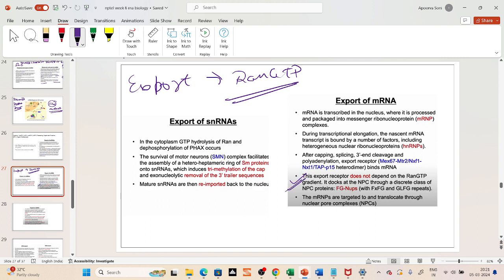It depends on another class of proteins known as FG-NUPS. This is important. For tRNA and spliceosomal RNA, the export was happening in a Ran GTP dependent manner. Ran GTP was taking it from the nucleus to the cytoplasm, where Ran GTP was then hydrolyzed. But mRNA export does not happen in a Ran GTP dependent manner. This is an important point you should understand.